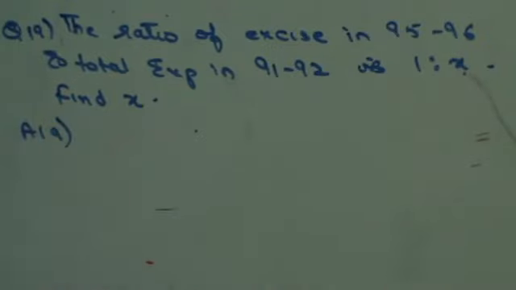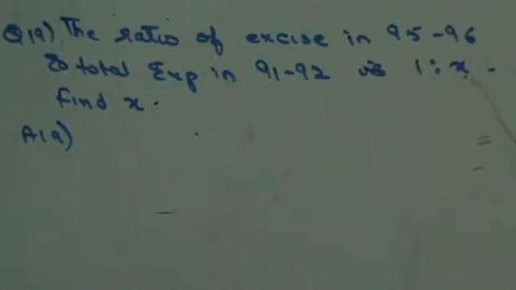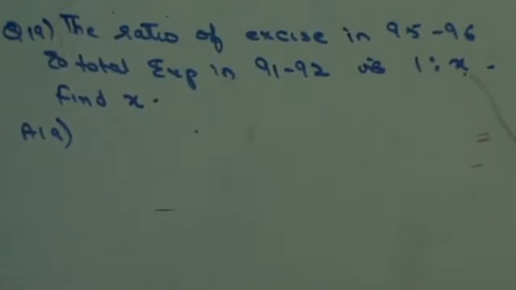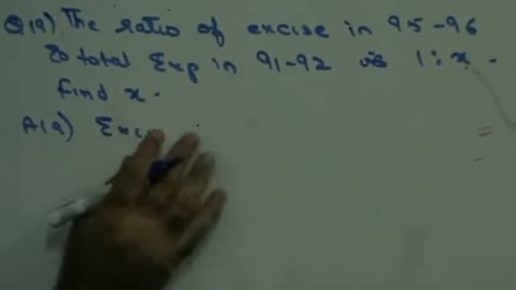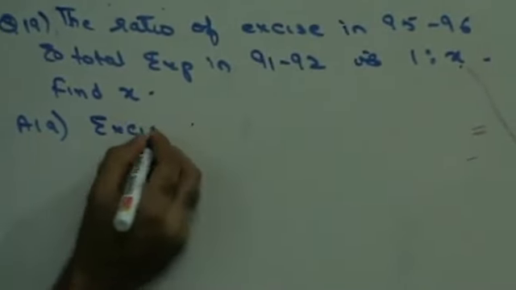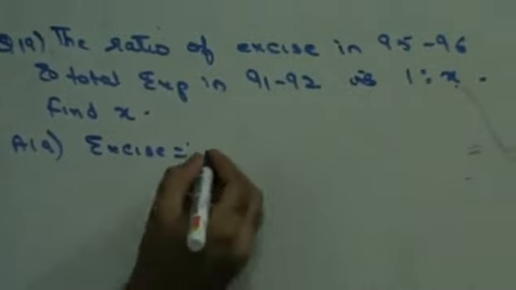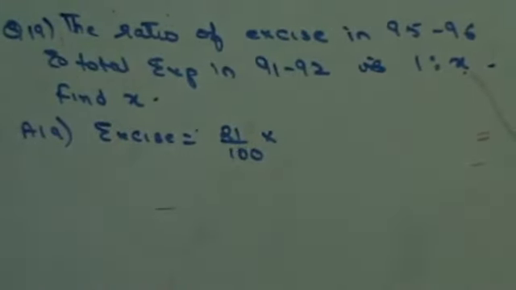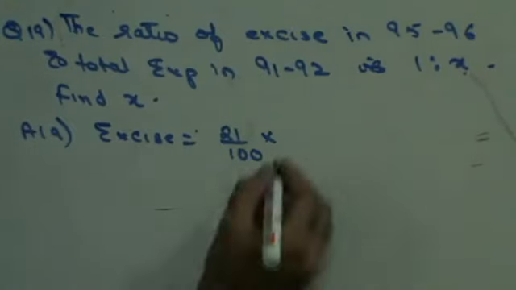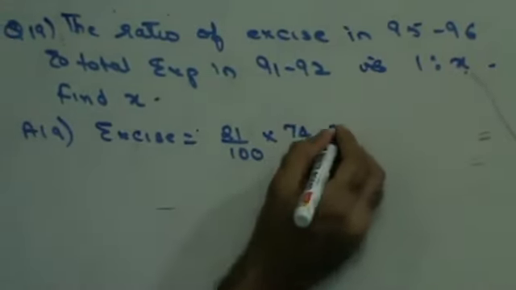The ratio of excise in 95-96. Excise is 21%. 95, 96, right? 74.37.